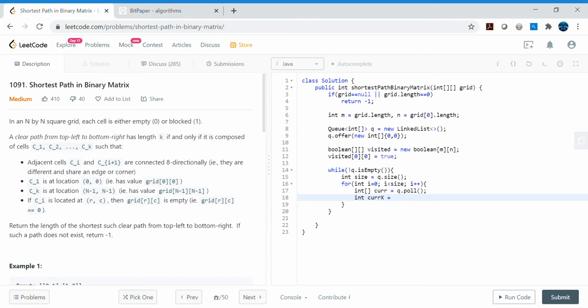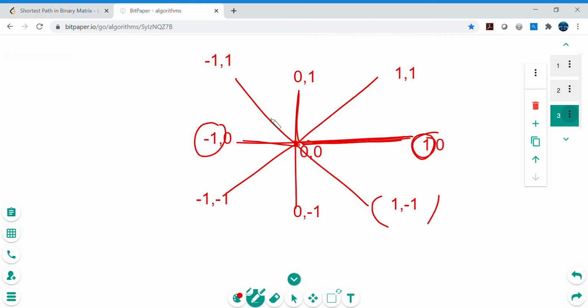So current x is the 0th item, current y is the second item, at index 1 in this one dimensional array, right? So 0 is the x coordinate and y coordinate. Similarly here, x coordinate, y coordinate.